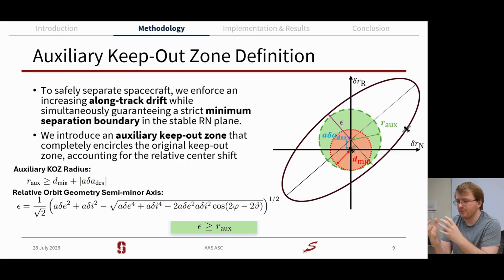So this will introduce a zone that is not the only safe place for spacecraft to operate, but it will give a very clear and easy to use analytical condition, which we can design maneuvers around and solve directly in order to guarantee that spacecraft will respect the auxiliary keep out zone, and that auxiliary keep out zone will respect our strict operational keep out zone.